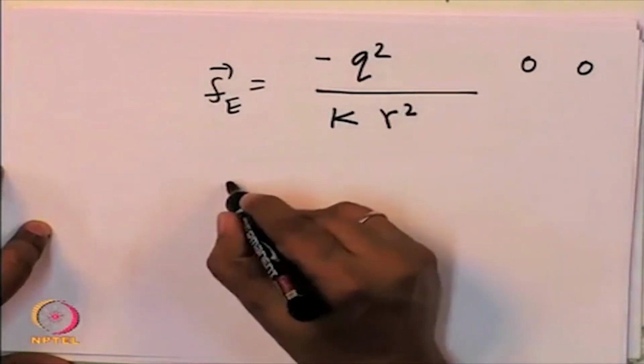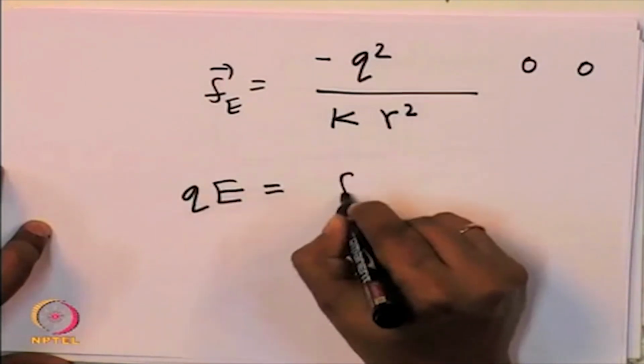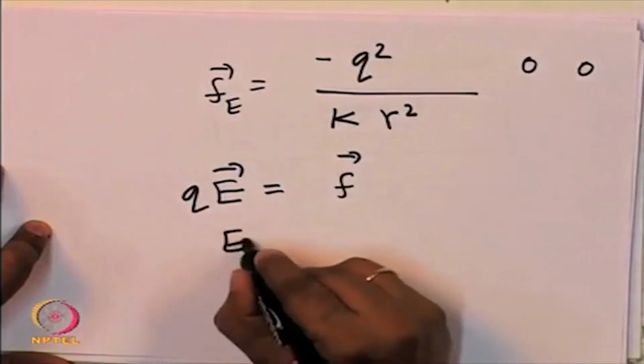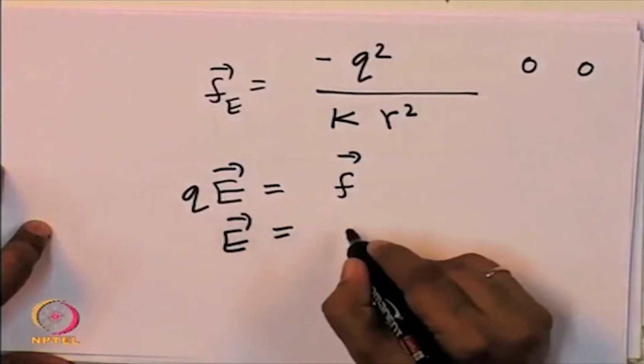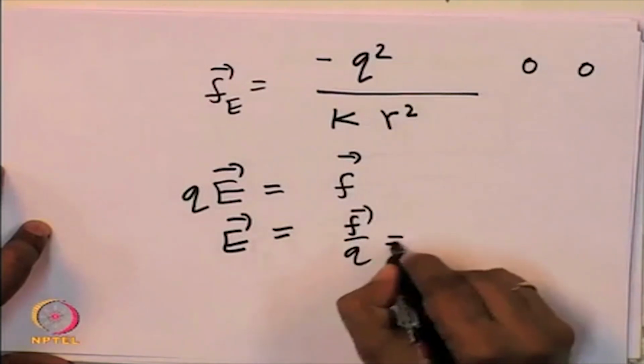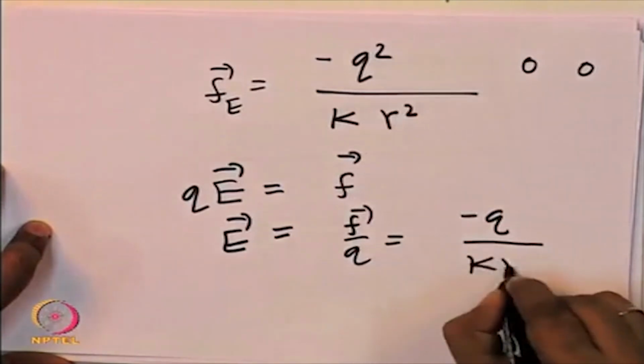Now, a minute ago we also said that qE is equal to F. So, what does this mean? E is equal to F by q, which is q by k r squared.